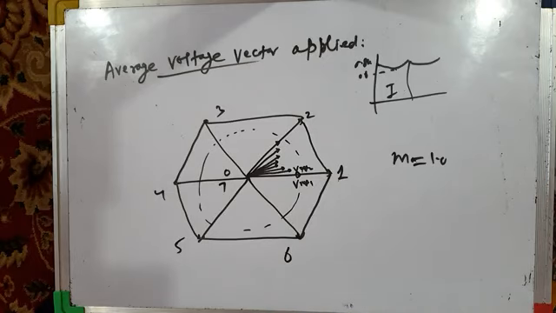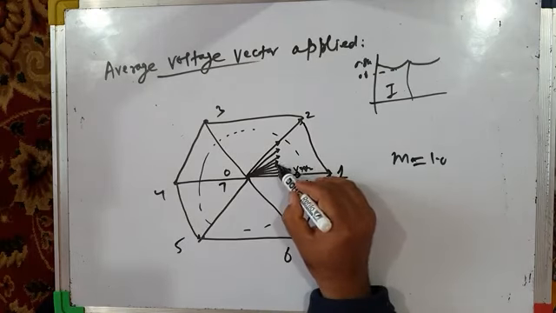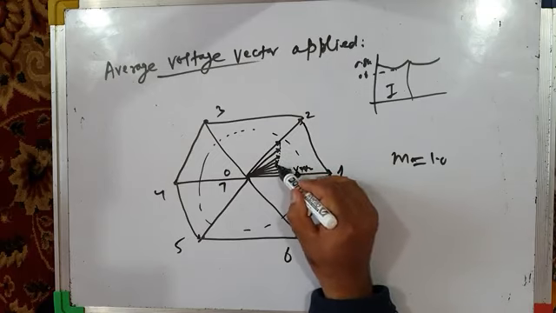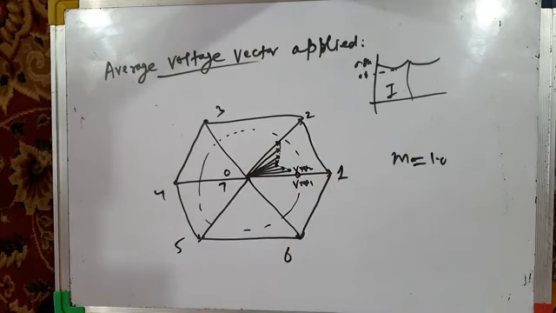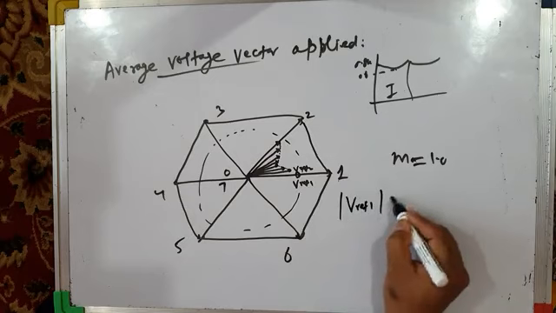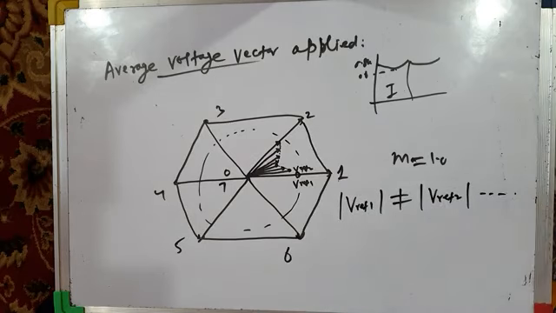At the cost of low frequency distortion, because if you join the tips of these rotating reference vectors, this is the tip of VREF1, it is not a circular trajectory, it is a non-circular trajectory, which means that low frequency distortion is introduced in the inverter output voltage. So again, you could write VREF1 is not equal to VREF2 and so on. Okay, so let us summarize for this modulation index.